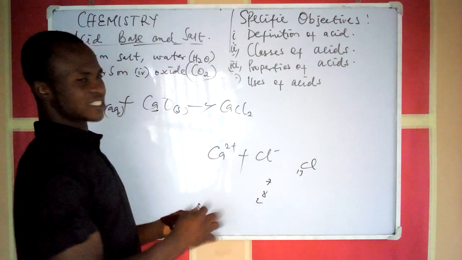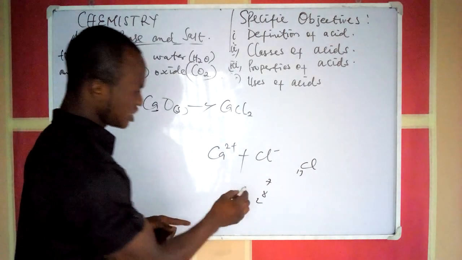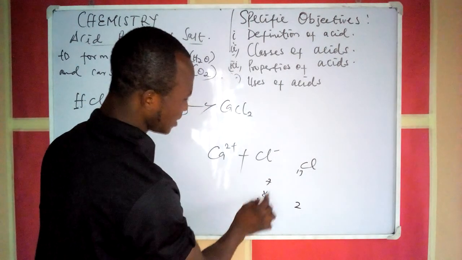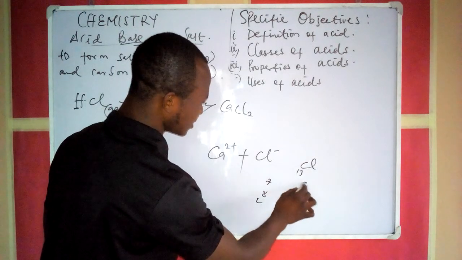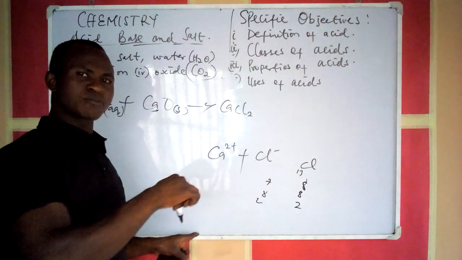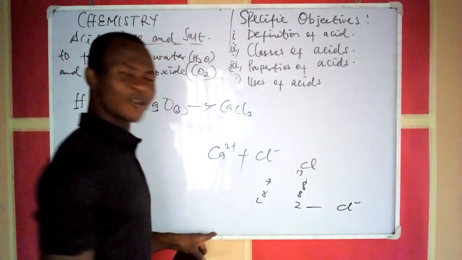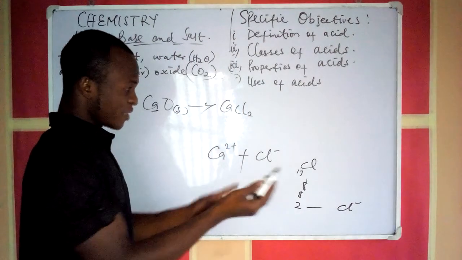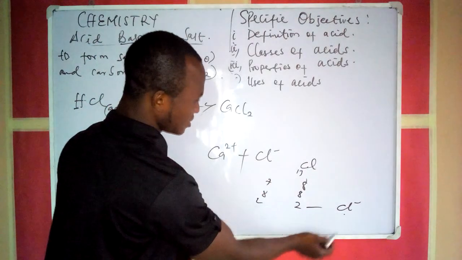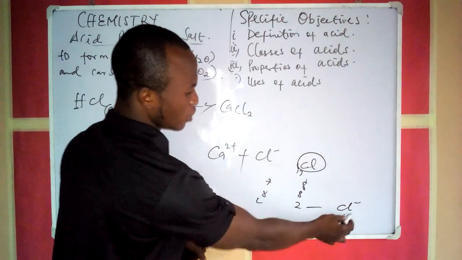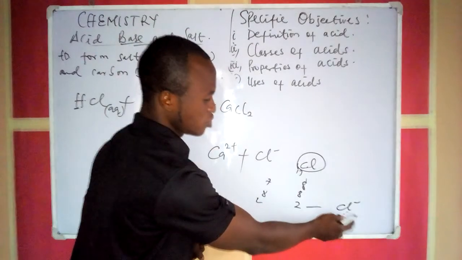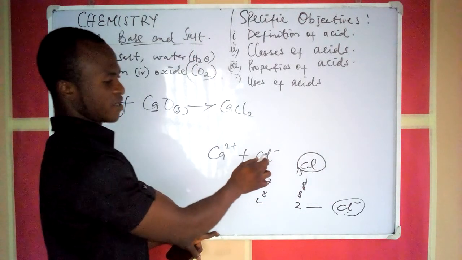So when it receives that one, it changes from being 2, 8, 7 to being 2, 8, 8. It remains the same chlorine, but now it is Cl minus, and no longer a chlorine atom. So the difference is that this is a chlorine atom, this one is a chlorine ion.